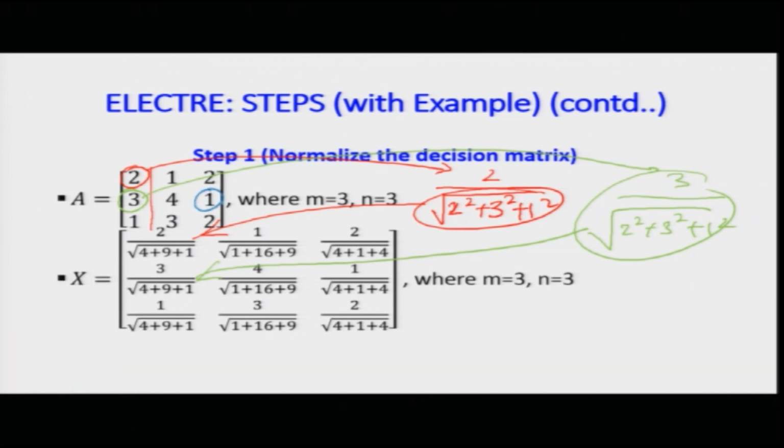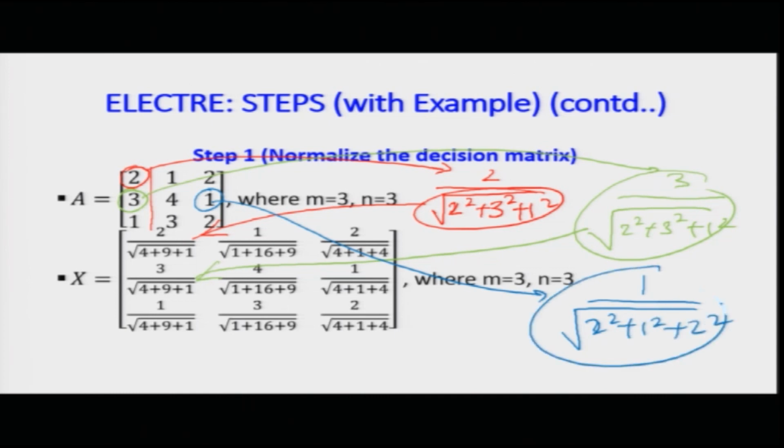Let me consider this: it becomes 1 divided by 2 square plus 1 square plus 2 square, the value is here. I am just marking it with the color scheme so it is easier for you to understand where and how the calculations have been done. So, you normalize the decision matrix.